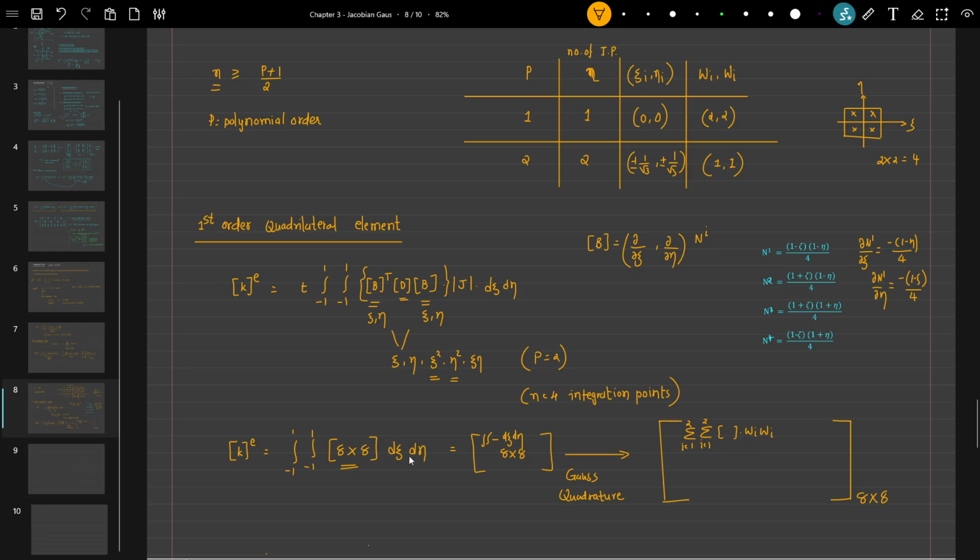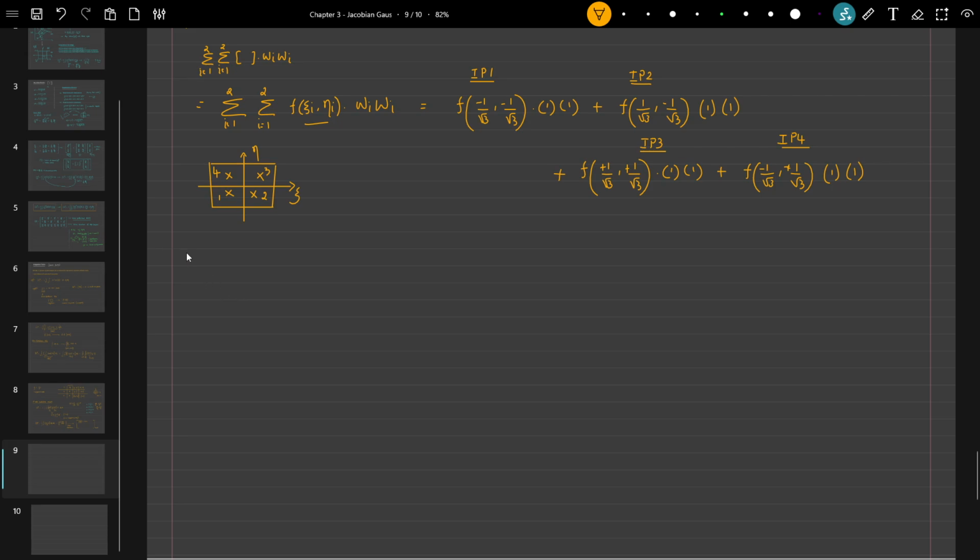Now I can write the stiffness matrix. I would say contribution from integration point 1 plus 2 plus integration point 3 plus integration point 4. So this is for one term. Similarly, it will have 8 by 8 terms.